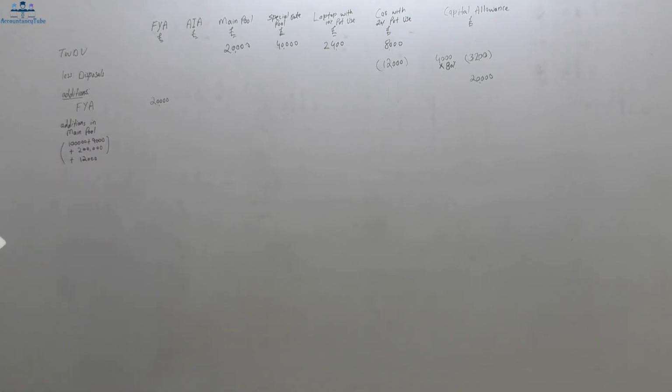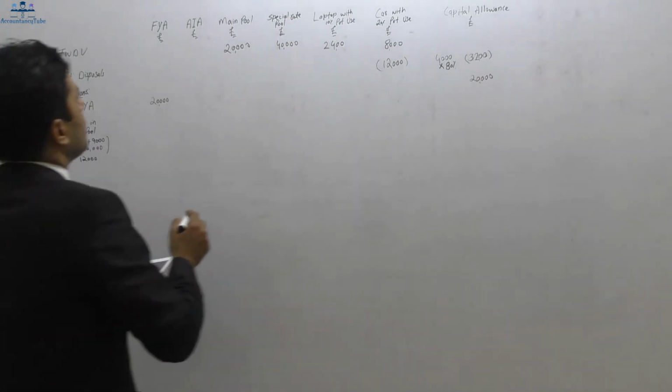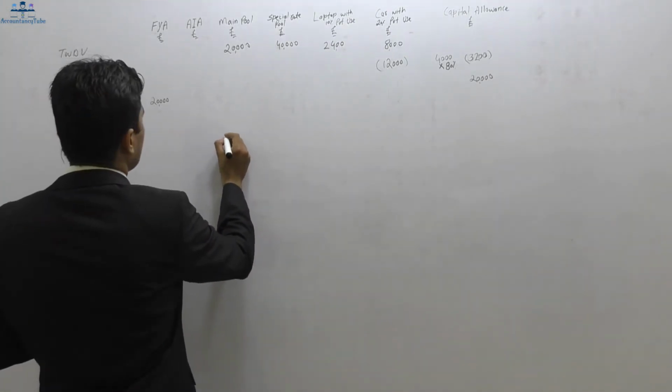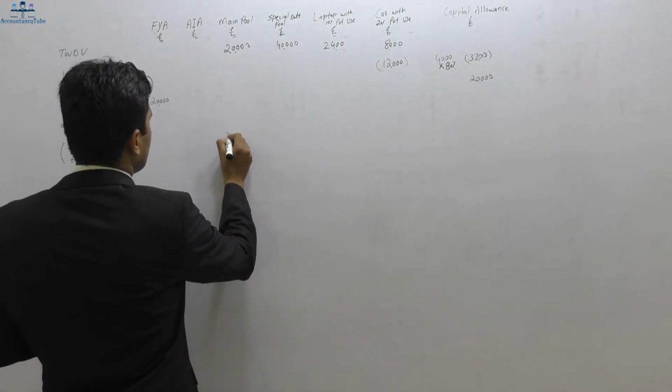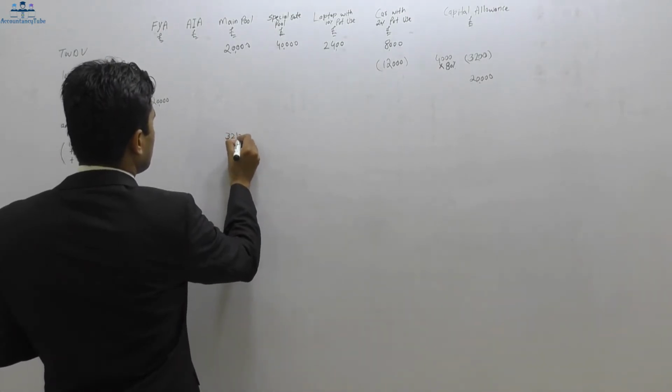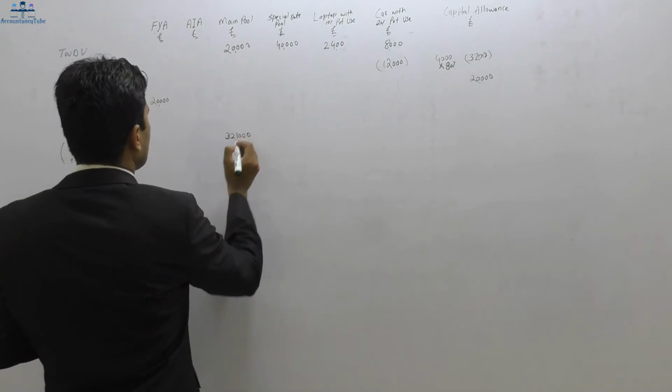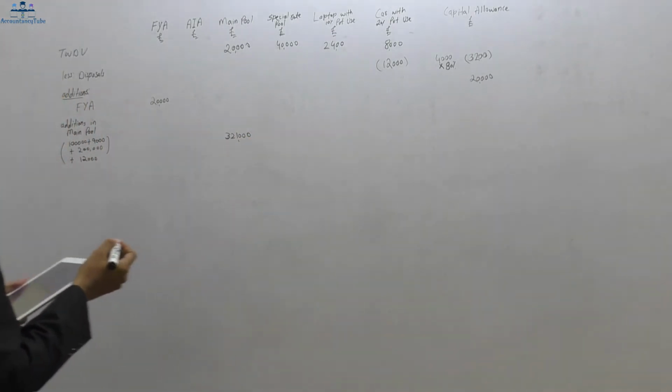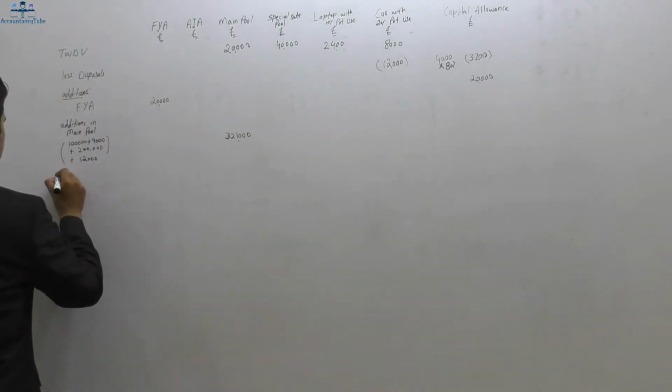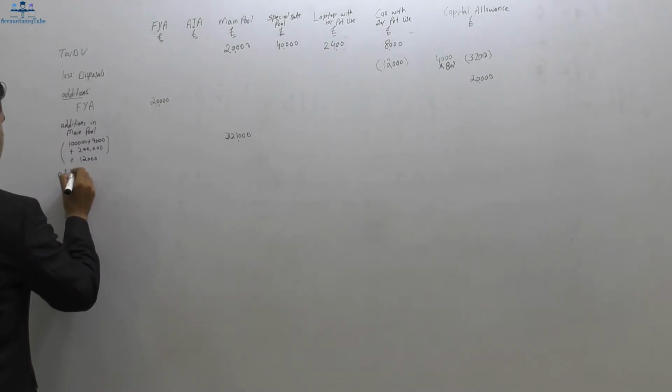How much does it come to? 200, 300,000, 312, 321. The £321,000 will go into the main pool. Then we will add additions to the special rate pool.